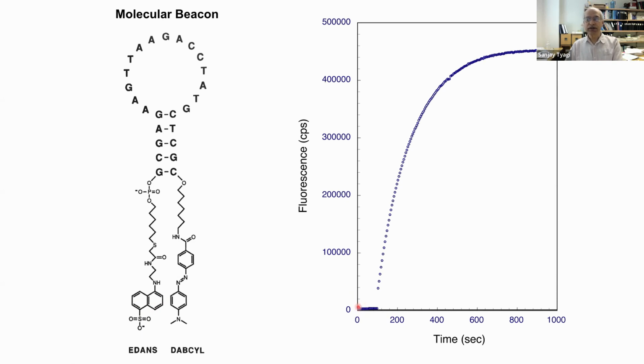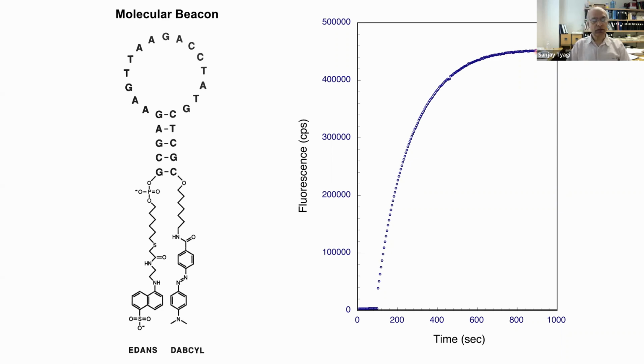Here is the fluorescence of the buffer, very little fluorescence. You add the beacon to it, almost no change in fluorescence. And when you add the complementary DNA, complementary to the loop, you get a bimolecular interaction that gives rise to this almost 1,000-fold increase in fluorescence.